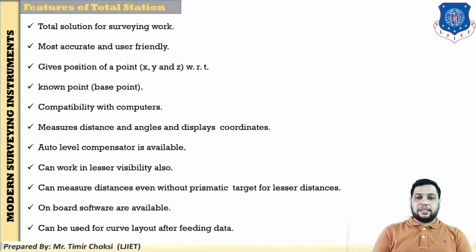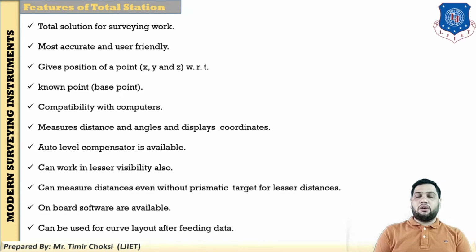Next, it measures the distance and angle and displays coordinates. An auto level compensator is available, meaning you can directly find the distance of various points. It can work in lesser visibility also, so you can use the total station in day or night. It can also measure distance even without a prismatic target using laser distance.